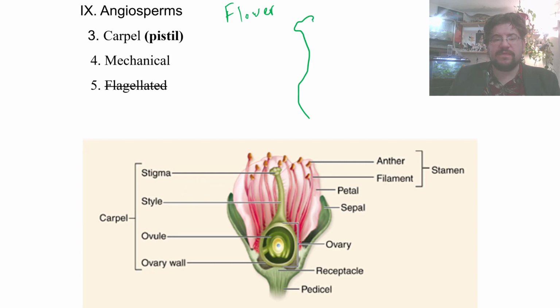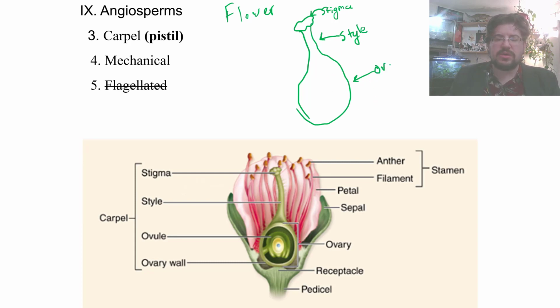So if you look at the female structure of a flower, you have a stalk, a big ovary, and a little site of pollination. This is called the stigma, the site of pollination. The stalk that leads from the stigma down to the ovary is the style.